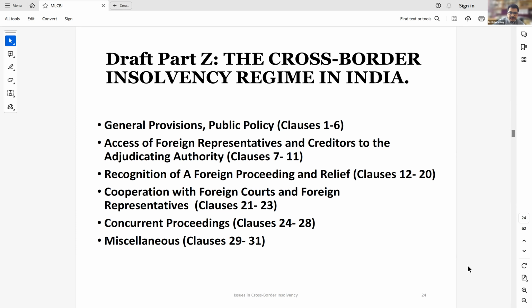First, the general provisions and public policy. Then access of foreign representatives and creditors to the adjudicating authority. Then recognition of foreign proceeding and relief. The fourth is cooperation with foreign courts and foreign representatives. Fifth is concurrent proceedings, and the sixth deals with miscellaneous provisions.